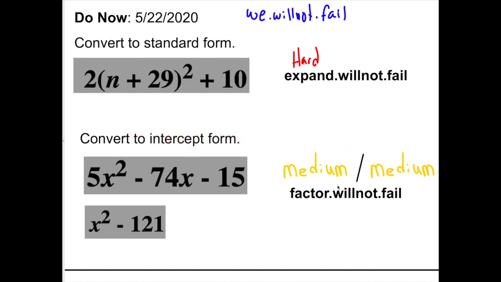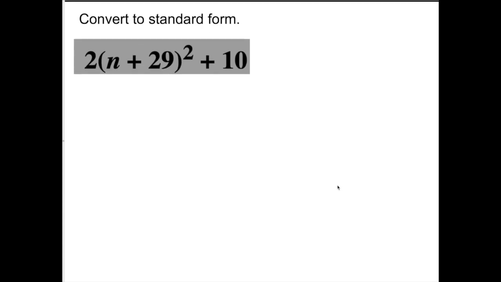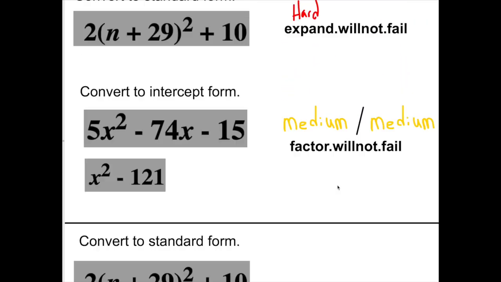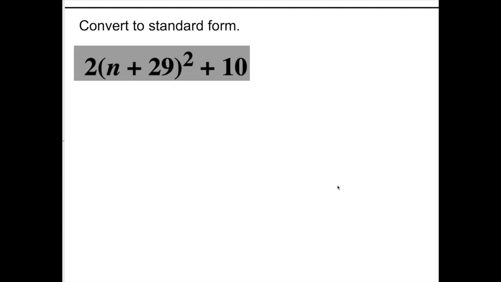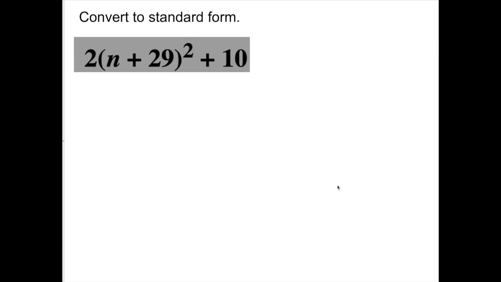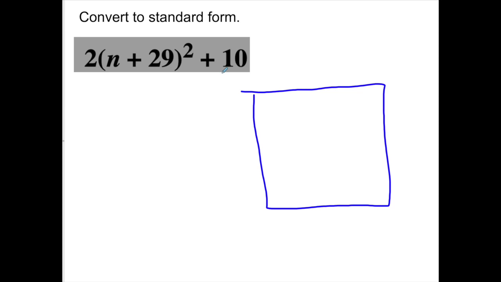Okay, so converting to standard form, keeping in mind again, we are in vertex form. What I'm looking to do here is use the PEMDAS method, so to speak. So the first thing we want to do is set up our box. In this case, because we're expanding, the things go on the outside. Hopefully you used a calculator for this one.